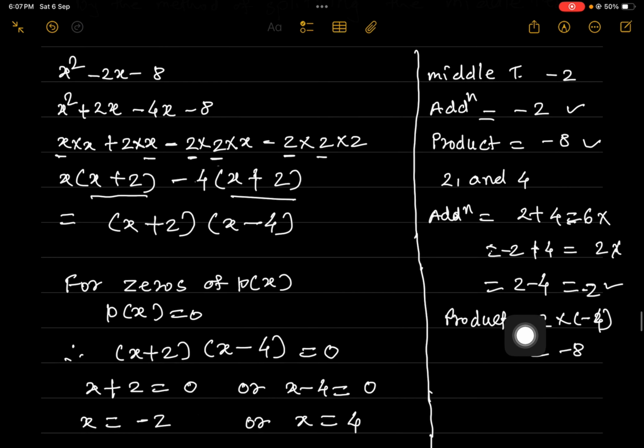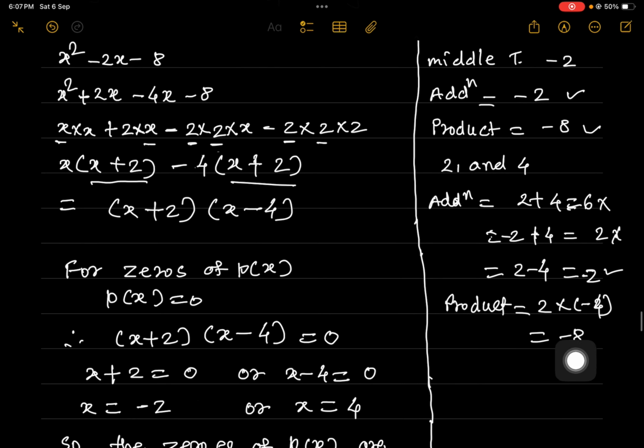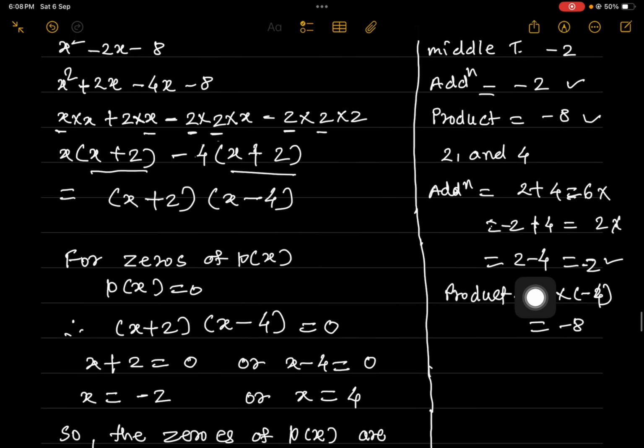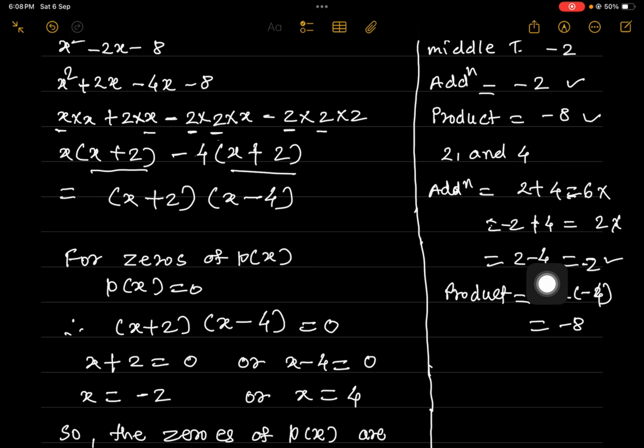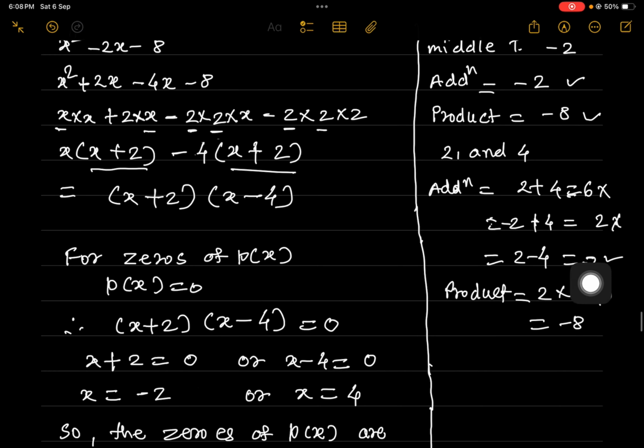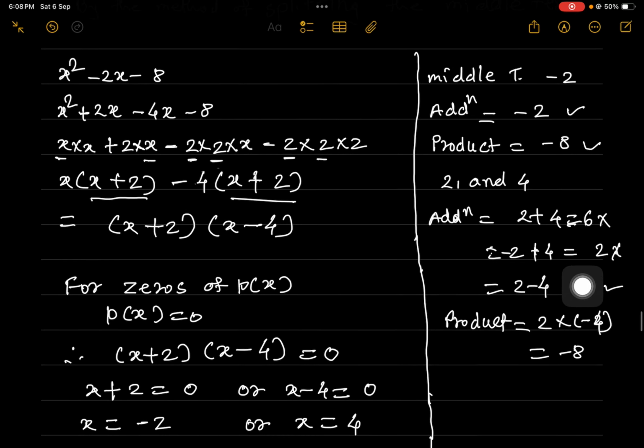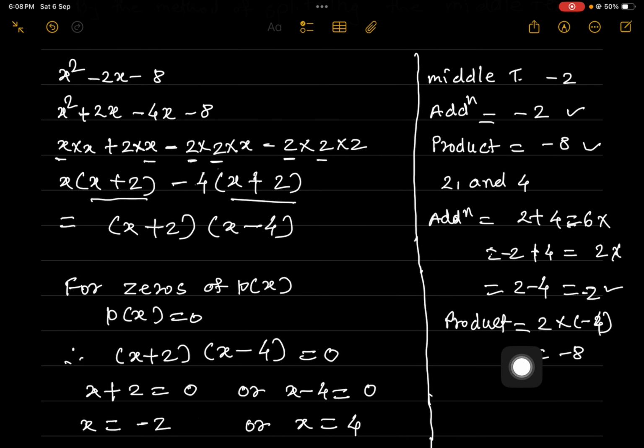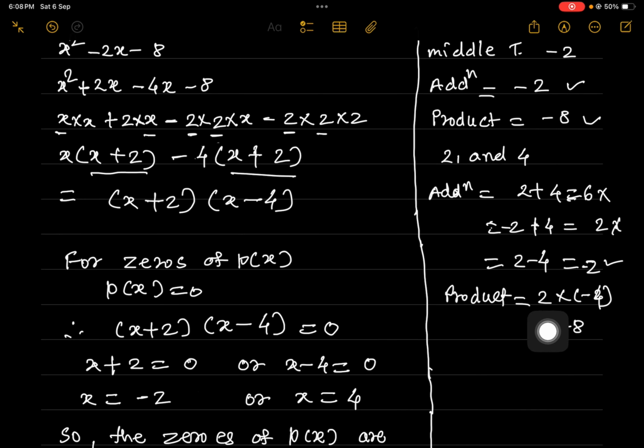Then see the last one: 2 and minus 4, that is, plus 2 and minus 4. Their product is minus 8, and if you add them, you get 2 minus 4. So we take the subtraction 4 minus 2, which is 2, and the bigger number's sign is minus, so minus 2. And minus 8 means this sign is correct. So the two numbers we have to consider are 2 and minus 4.